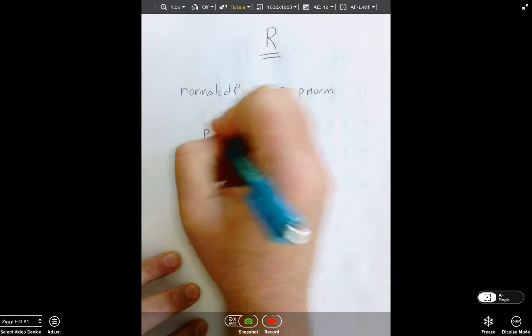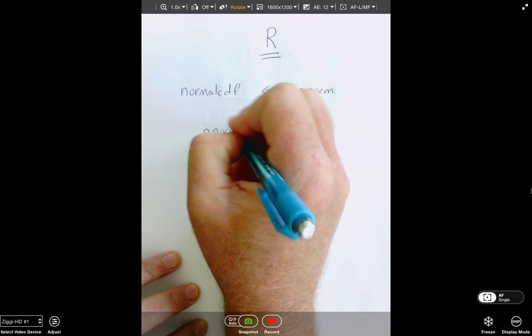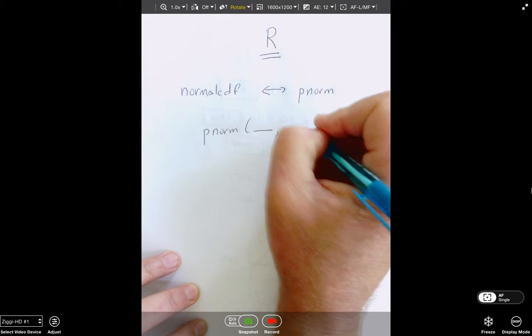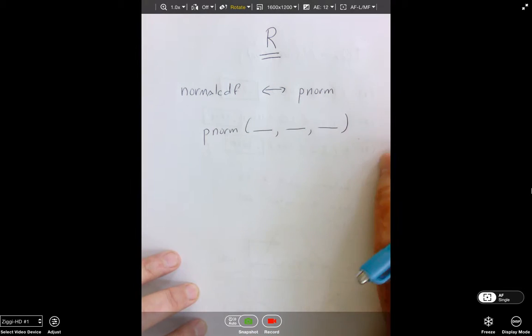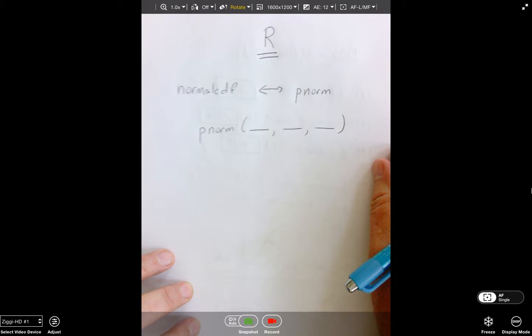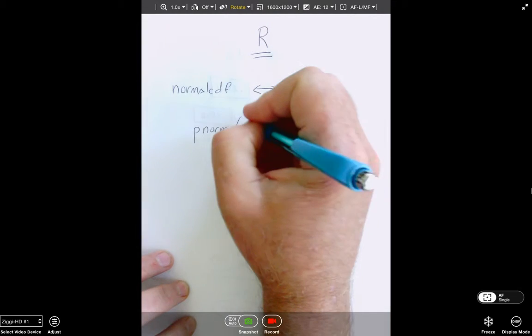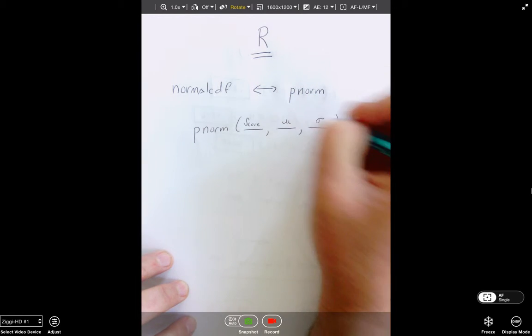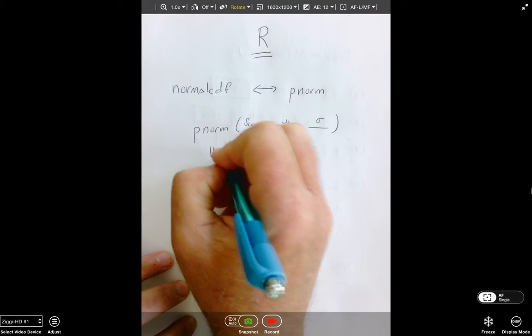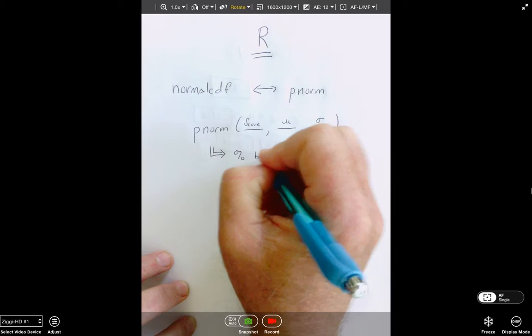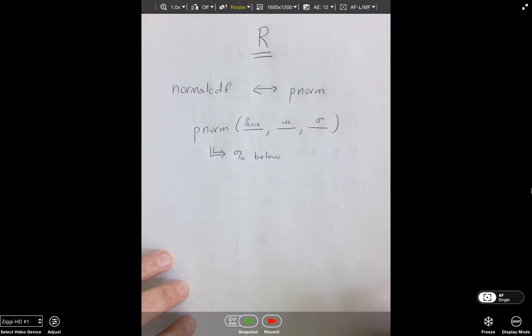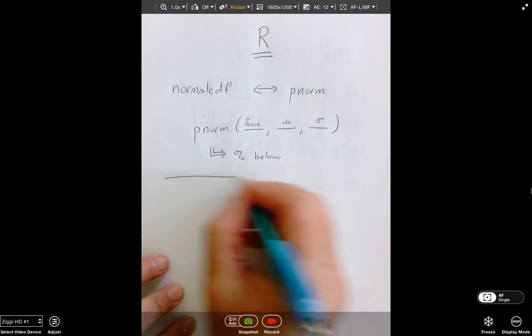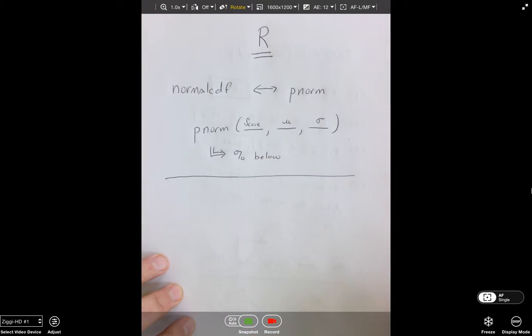And the p-norm has three values. The p-norm has your score. It has the mean, and it has the standard deviation. This will always give you percent below. Now I'll show you how to manipulate that if we want percent below or percent between.